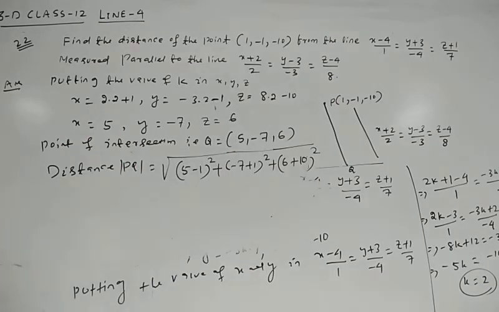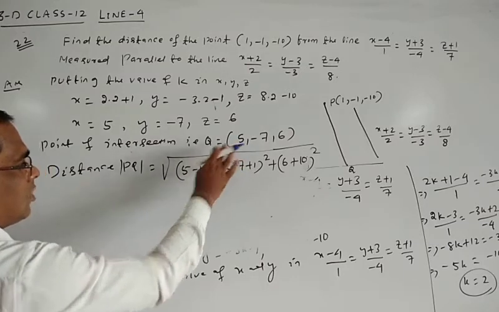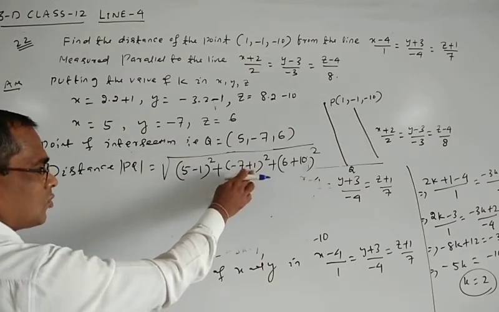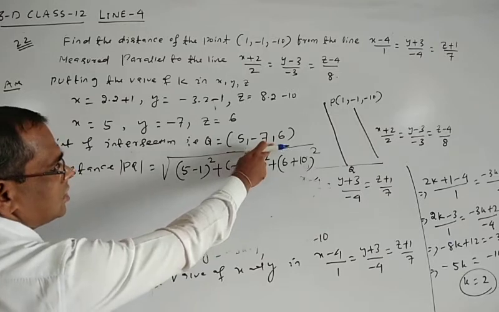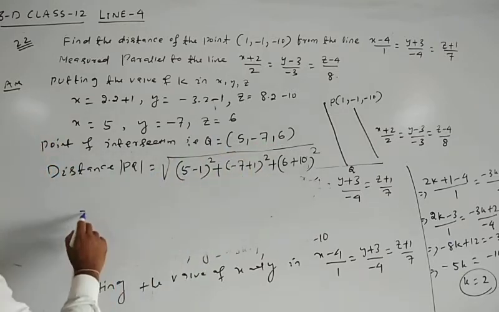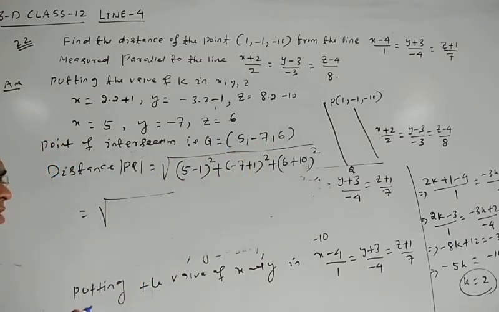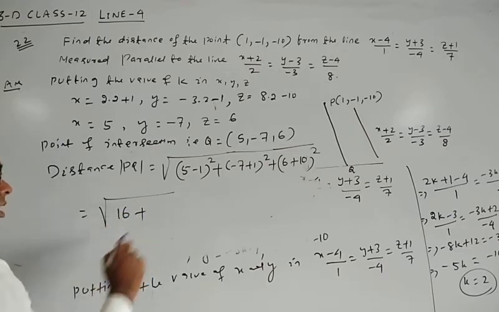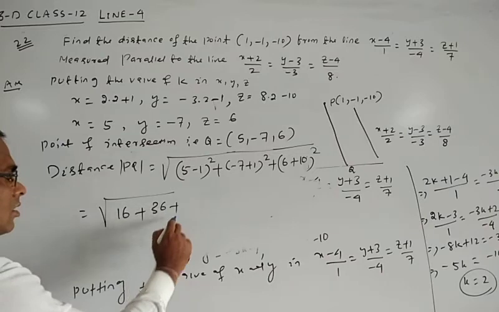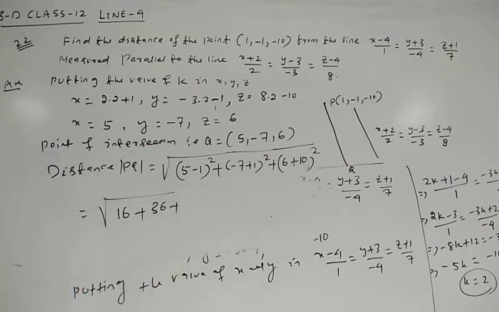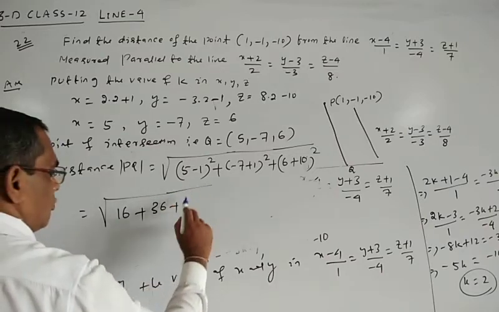So 5 minus 1 squared means 4 squared, which is 16. Minus 7 plus 1 is minus 6, squared is 36. Plus 16 squared, which is 256.